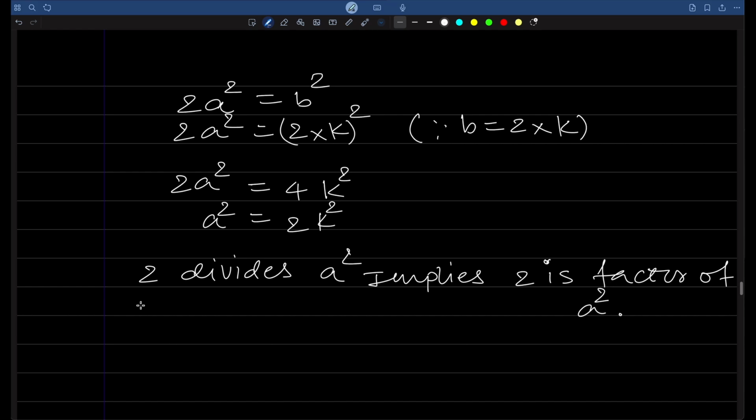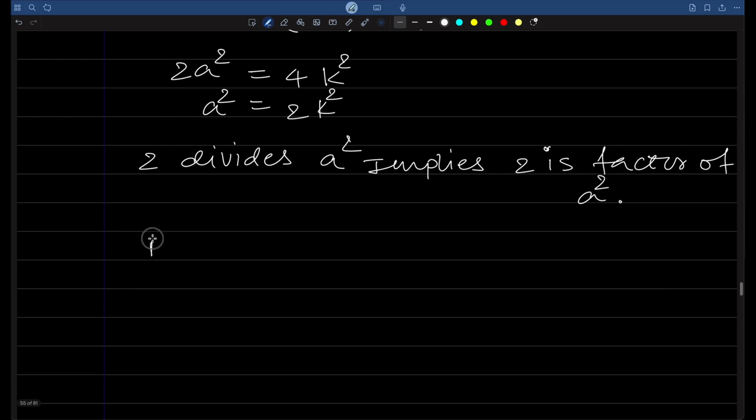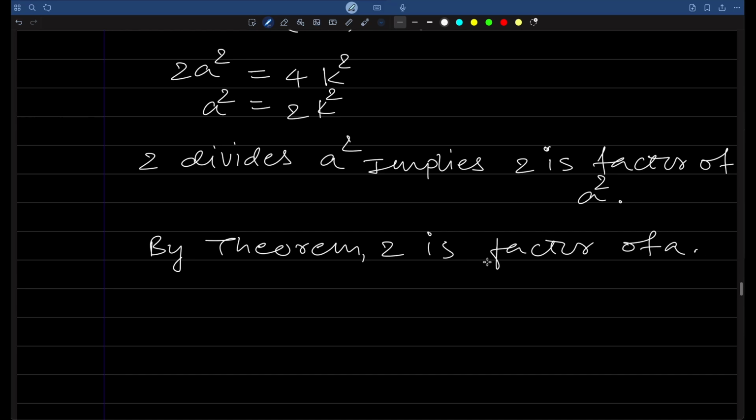And by theorem, we can say 2 is a factor of a.